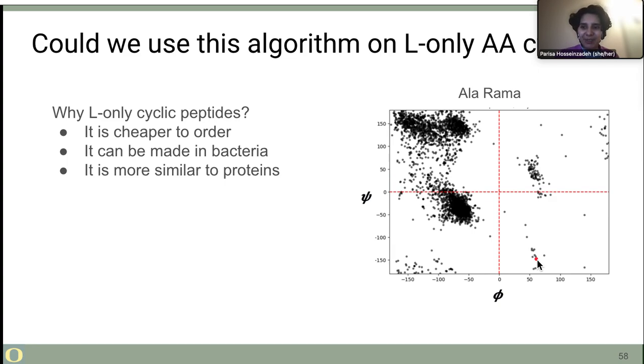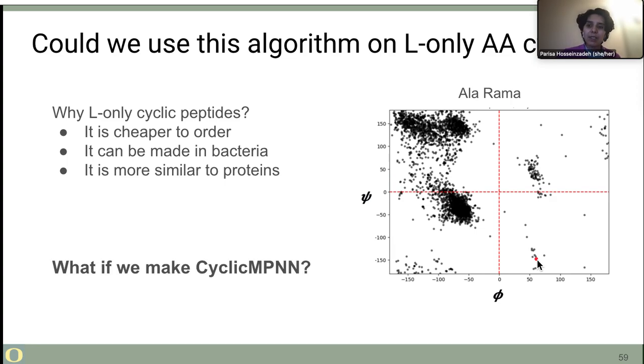It's cheaper to order, it can be made in bacteria, and it's also more similar to proteins, so we can use all the tools that are available in proteins to improve this. Since we are running it in proteins, we are going to use alanine Ramachandran instead of glycine that has both sides. And we are going to build cyclic MPNN.